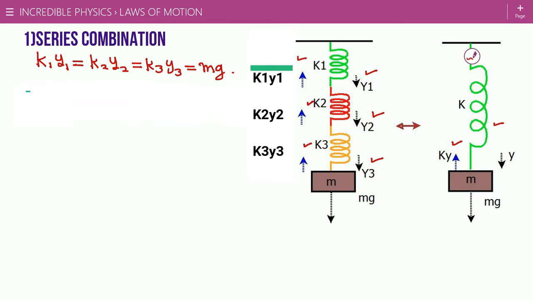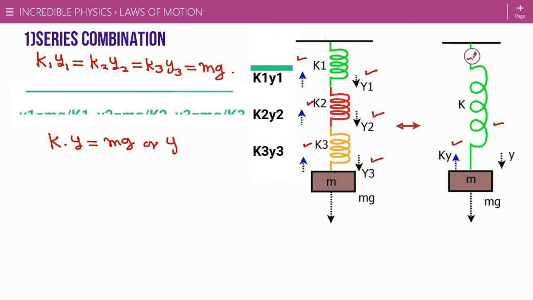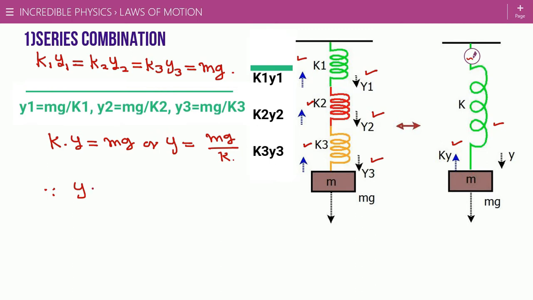On the other hand, for the equivalent spring, we can say that if net elongation is y, then ky equals mg, or y equals mg over k, because y equals y1 plus y2 plus y3.